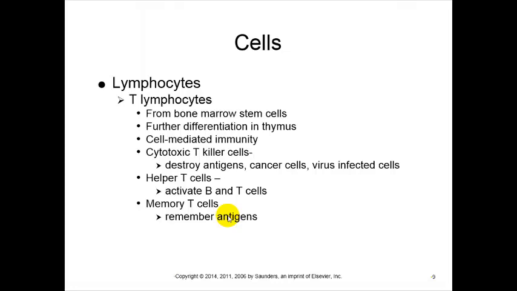So they actually will destroy specific antigens, cancerous cells, and virus-infected cells. If you look at these last two parts, it's really specific to cytotoxic T killer cells, because they will kill cells that look very similar to our own cells.